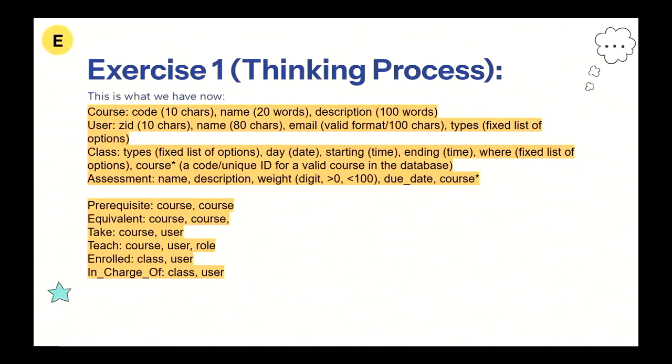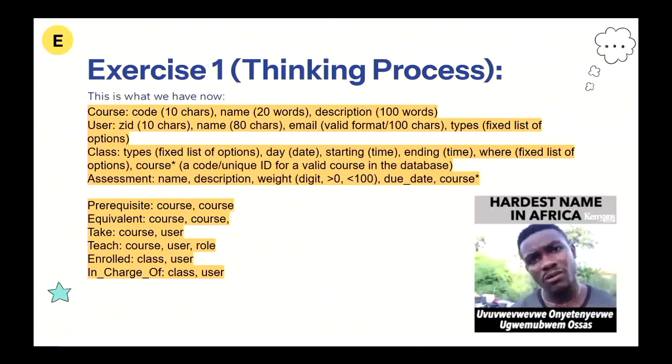And for ZID, we can use 10 characters. And for usernames, I prefer to give a very long limitation because some people may have a very long name, and I don't think anyone here can pronounce his name correctly in this class.